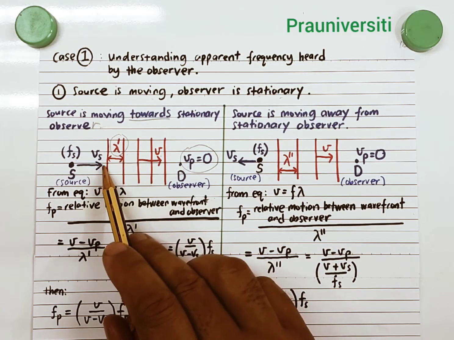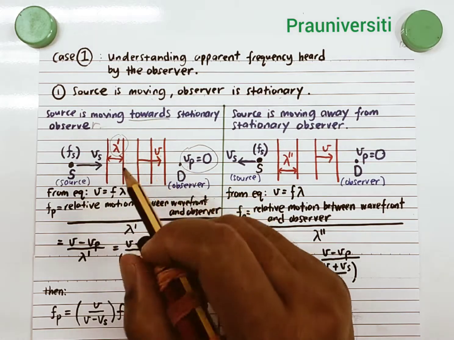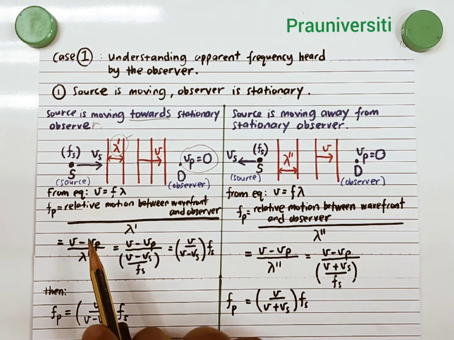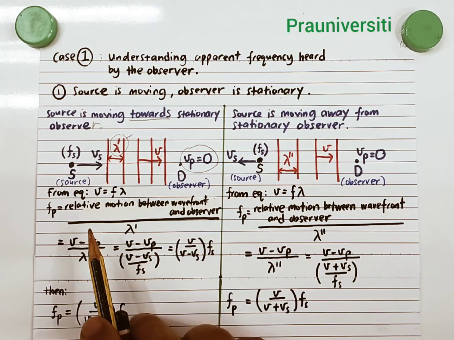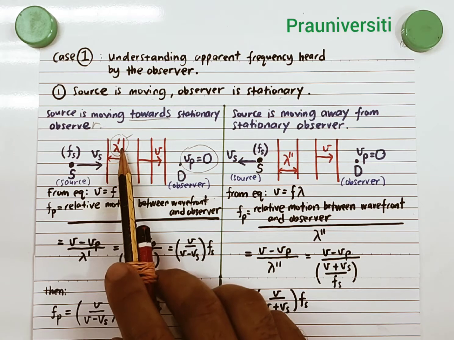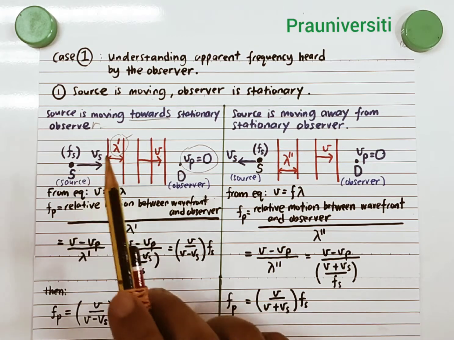Because the wavefront is in front of the source, we have lambda prime. It's confirmed here it is lambda prime because it is in front of the source.